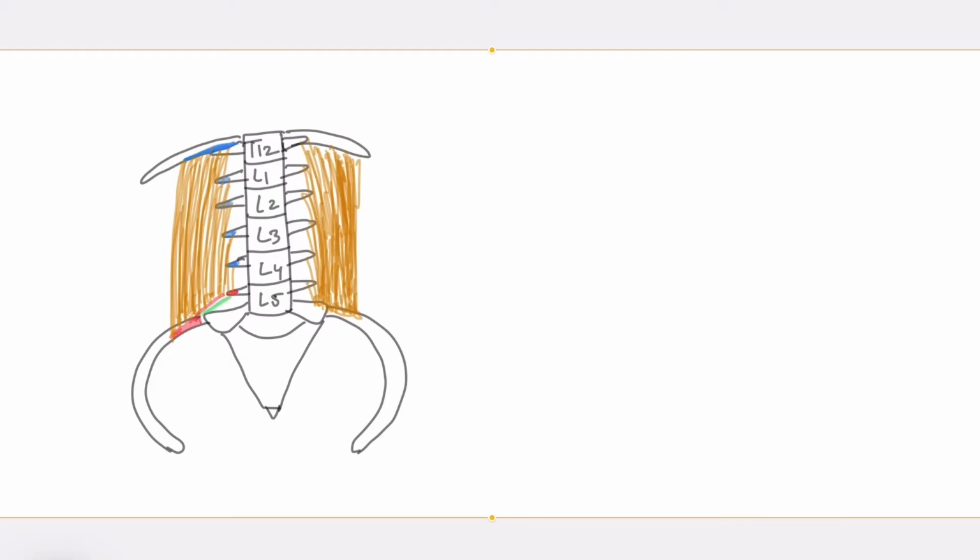This is quadratus lumborum of both sides. See the shape. This muscle is actually quadrangular in shape. That's why its name is quadratus lumborum. This muscle is innervated by direct branches from the anterior primary rami of T12, L1, L2, L3 and L4. So the nerve supply is T12 to L4.